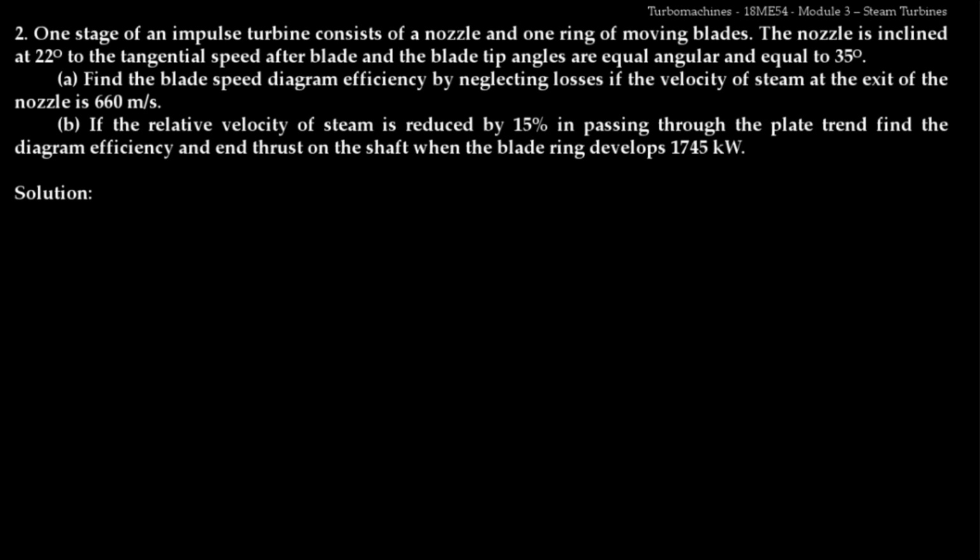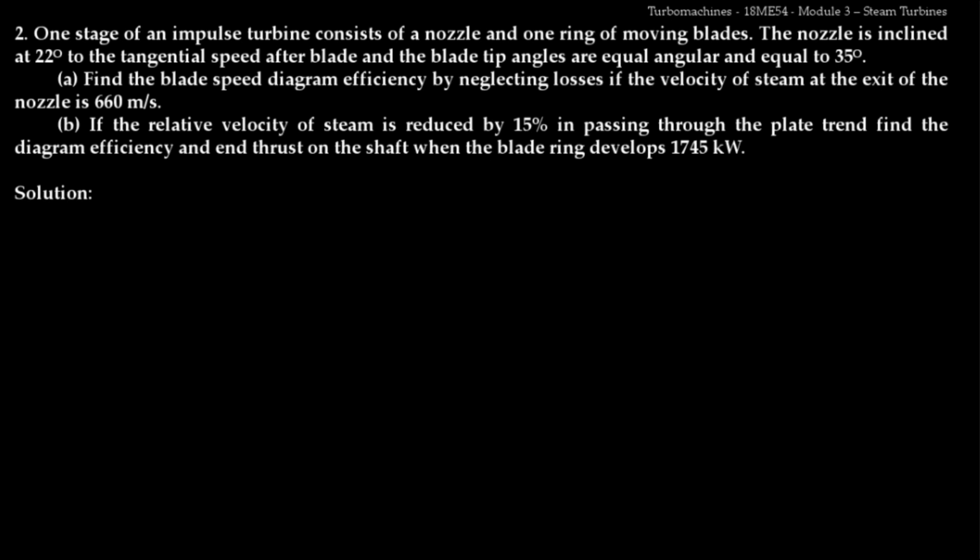In the first case we need to find out the blade speed and diagram efficiency by neglecting losses, if the steam coming out of the nozzle has a velocity of 660 meter per second, that is v1 is 660 meter per second.